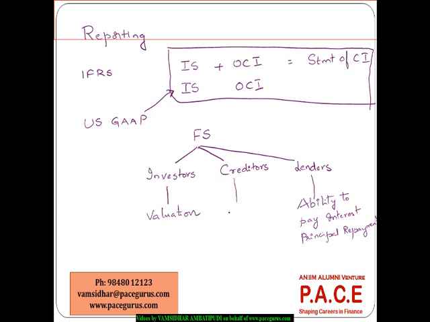Creditors would typically look at it again from the purpose of the company's paying capacity. So is the company sufficient enough to pay back for the raw materials or for any other credits the company has taken during the short term. So all these things are typically going as a part of the income statement.